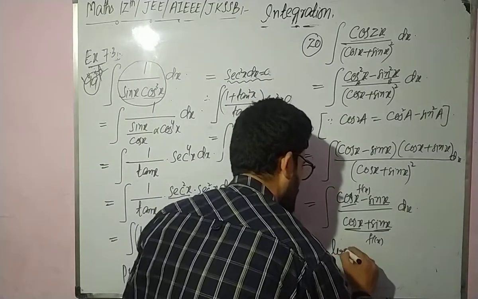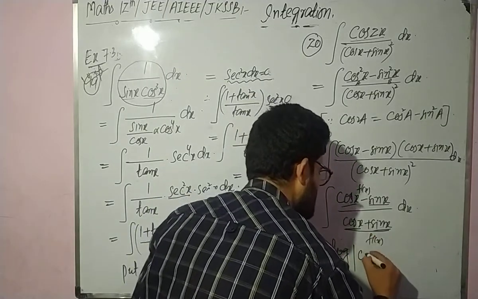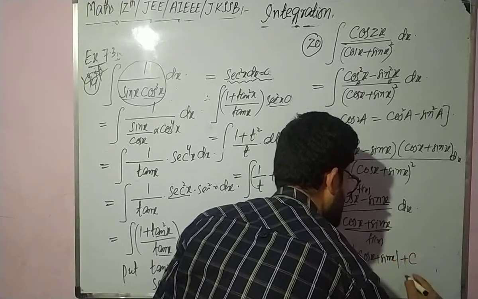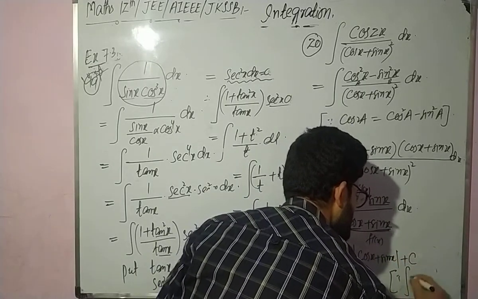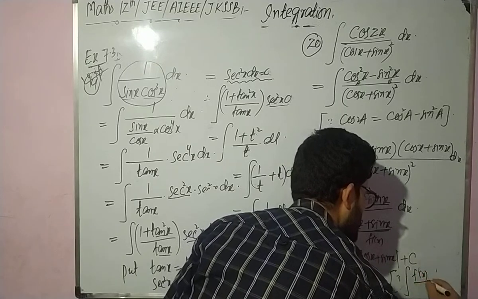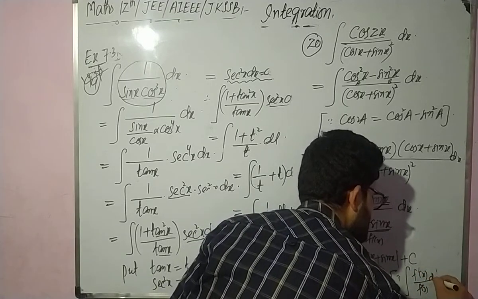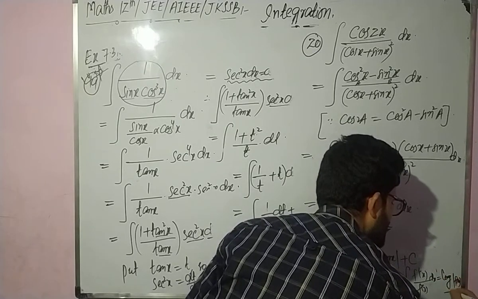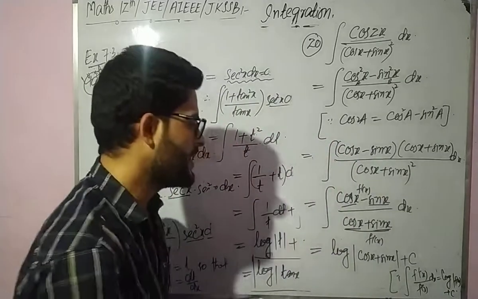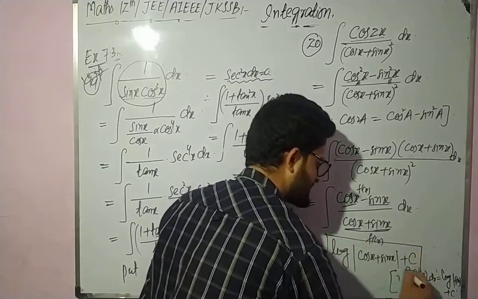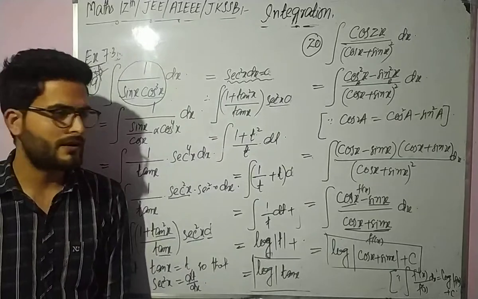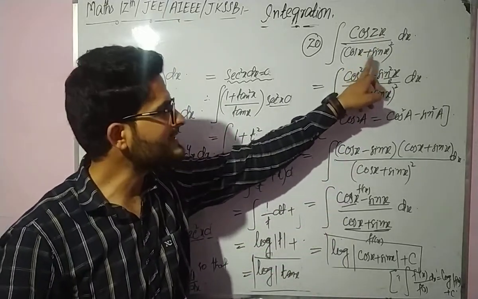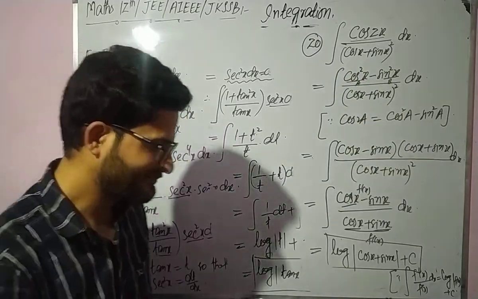So that is equal to log of mod of cos x plus sin x plus c, because integration of f dash x divided by f of x dx is directly equal to log of mod of f of x plus c, the constant of integration. So log of mod of cos x plus sin x plus c would be the required antiderivative of cos 2x divided by cos x plus sin x whole square.